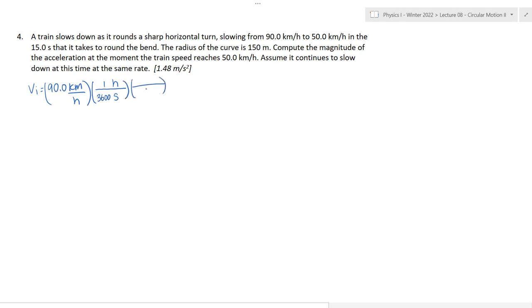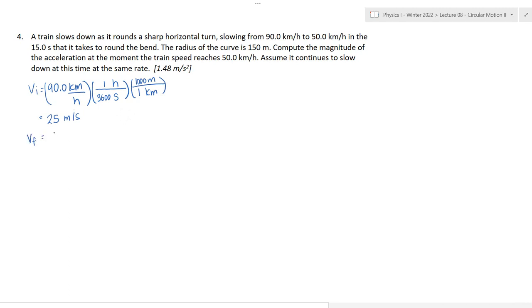We want to get rid of kilometers. Instead, we want meters. 1,000 meters is 1 kilometer. So our V initial is 90 times 1,000 divided by 3,600. So we get 25 meters per second.